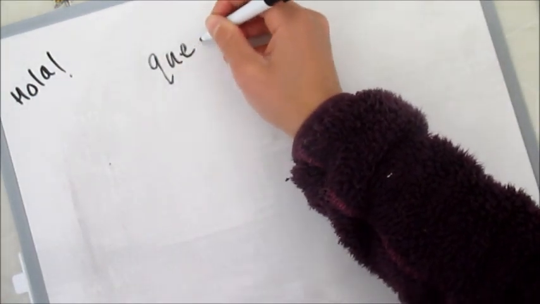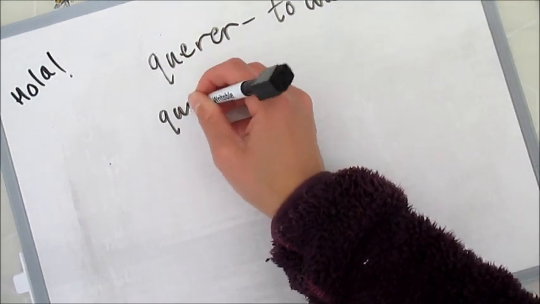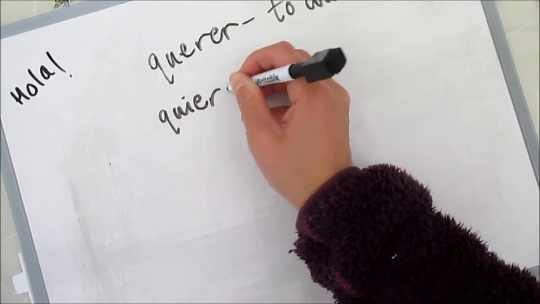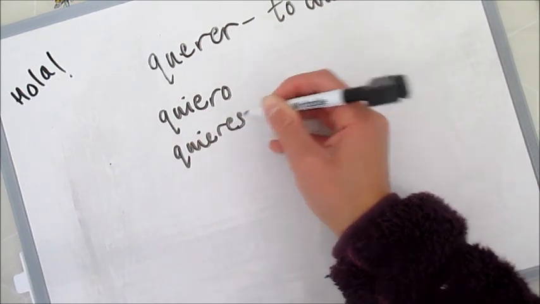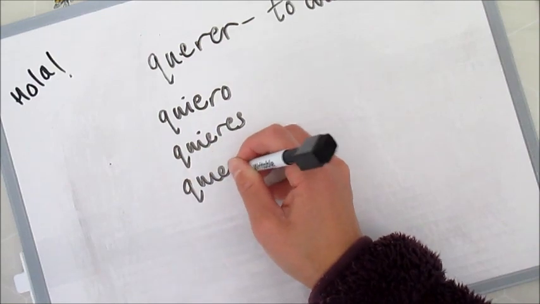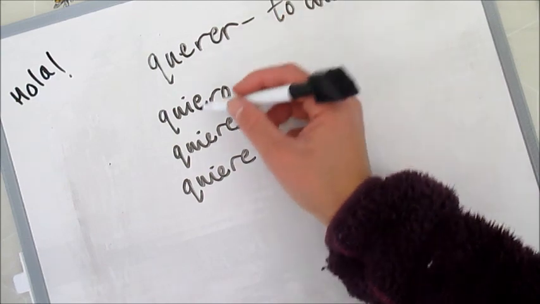Okay, querer, that verb means to want. So again, you will probably know one of these anyway, just from sort of set phrases. So quiero, that is I want. Quieres, you want. Quiere, he or she wants. So you see, it's not quero, it's quiero.